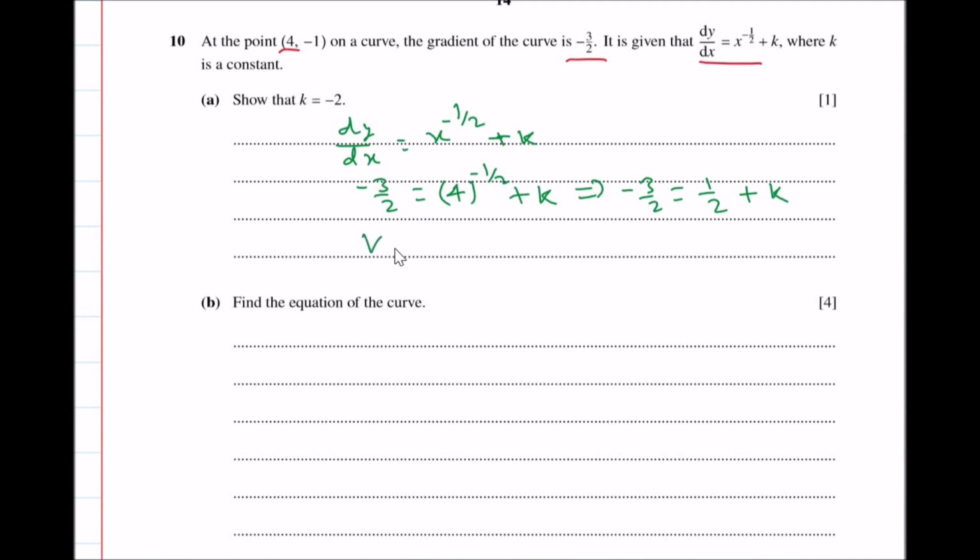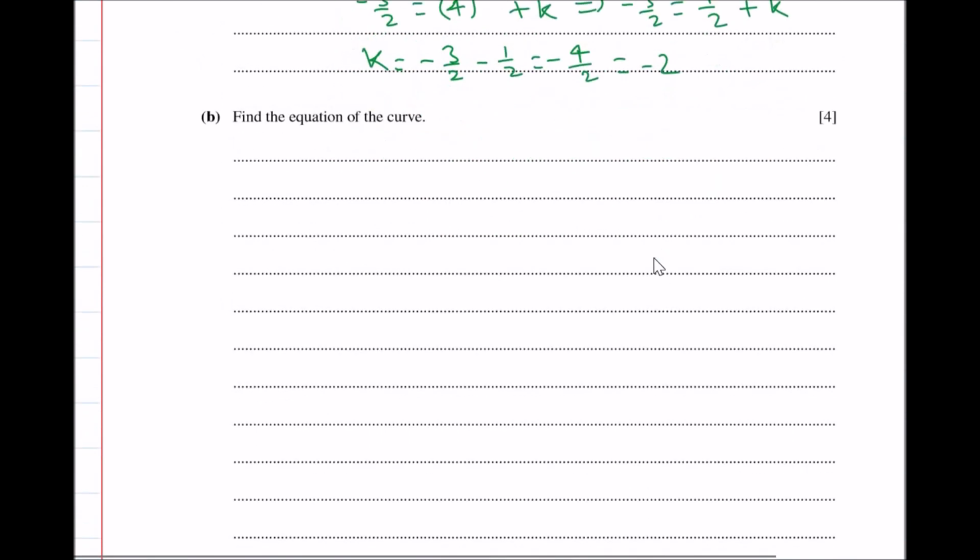So k equal to minus 3 by 2 minus 1 by 2, that gives us minus 4 by 2, that is equal to minus 2. We have shown. When it says show that, that means you have to show all the steps. How did you find? Okay. Now let's go to the next part.